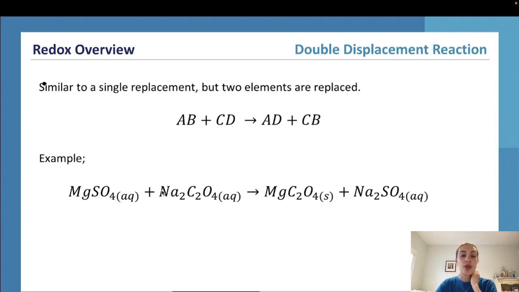So that's +2 overall because we've got 2 of them. Then we've got oxygen. So we can go into rule 6, which tells us each oxygen is going to have its charge of -2. So we can do -2 times 4, and so -2 times 4 gives us -8.